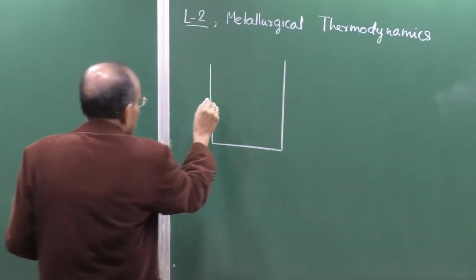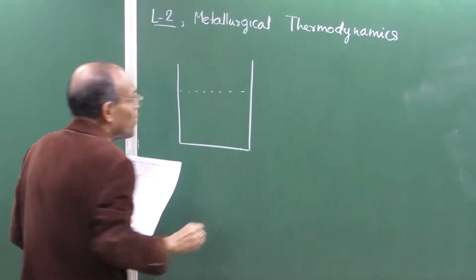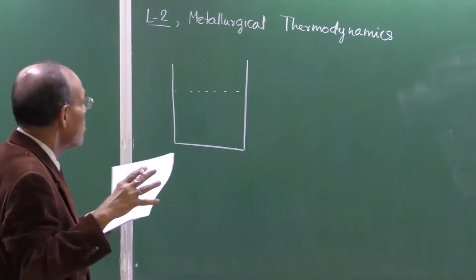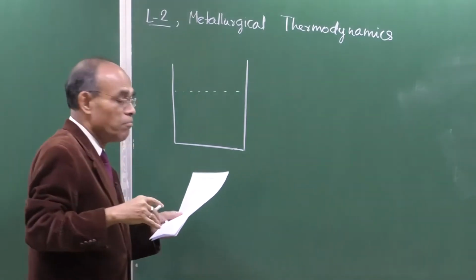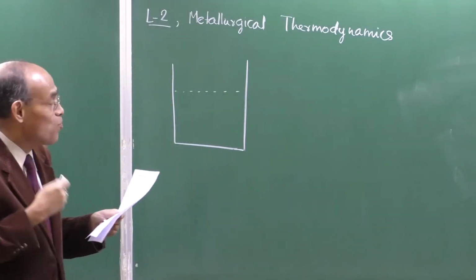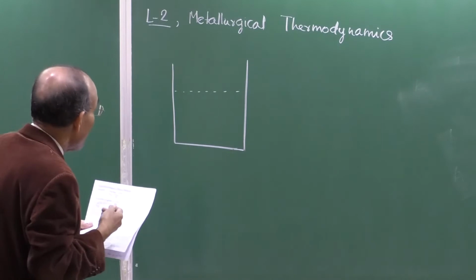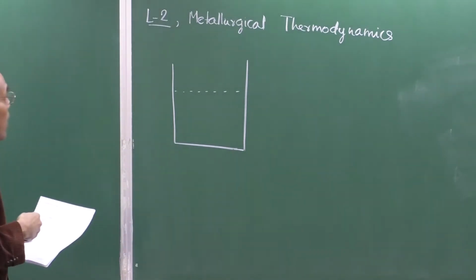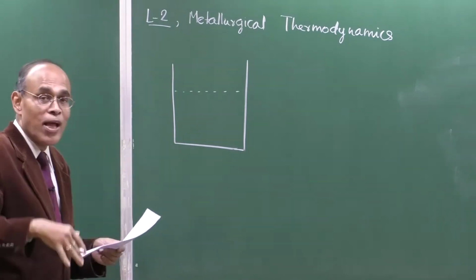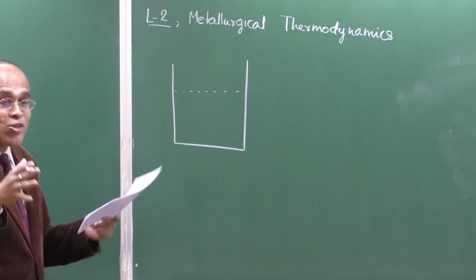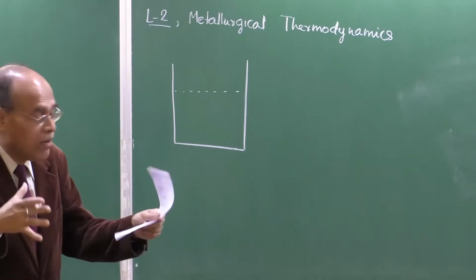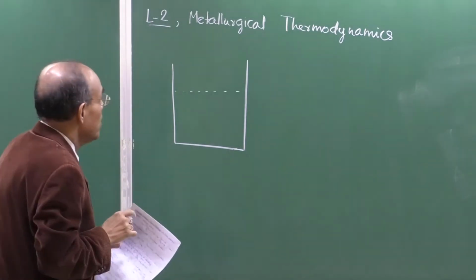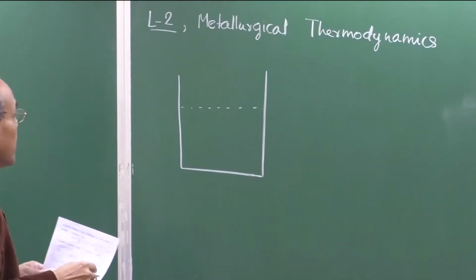Most of the examples that I am going to cite would have reference to iron and steel making because of my own personal bias, because I am too involved. Whatever example comes to my mind, in terms of chemical thermodynamics, kinetics, heat transfer, they all tend to approach systems concerning iron as well as steel.